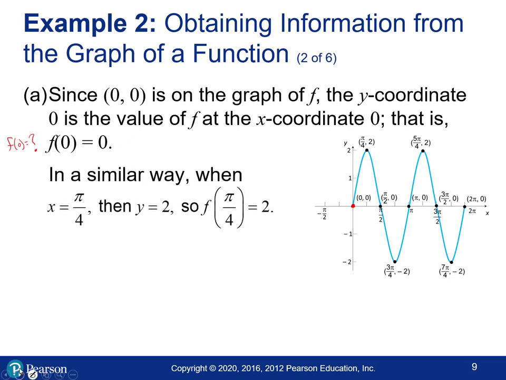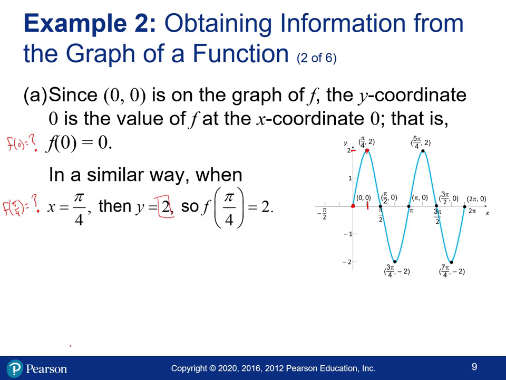And then we were also asked, when x is pi over 4, so what is y? The question was f of pi over 4. So what is y when x is pi over 4? So that one we already figured out as well. When x is pi over 4, y is 2. So the answer to that one is 2.